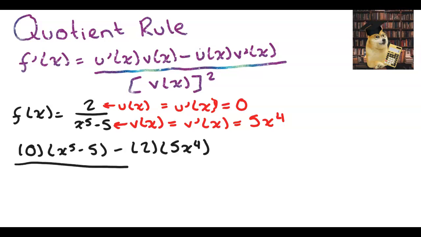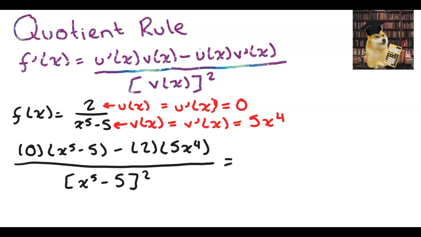It comes to be easy, as here we divide by our v of x, which is x to the 5th minus 5, to the square power. So now let's simplify it and get our easy answer.